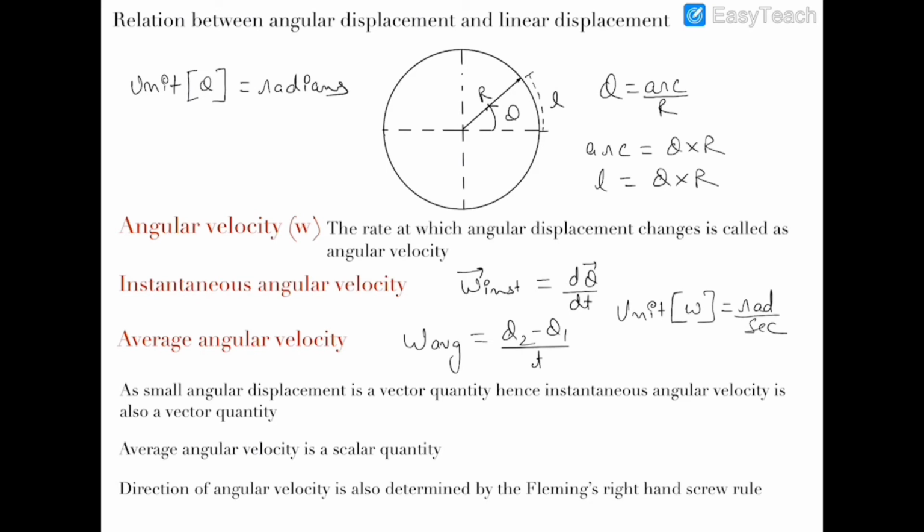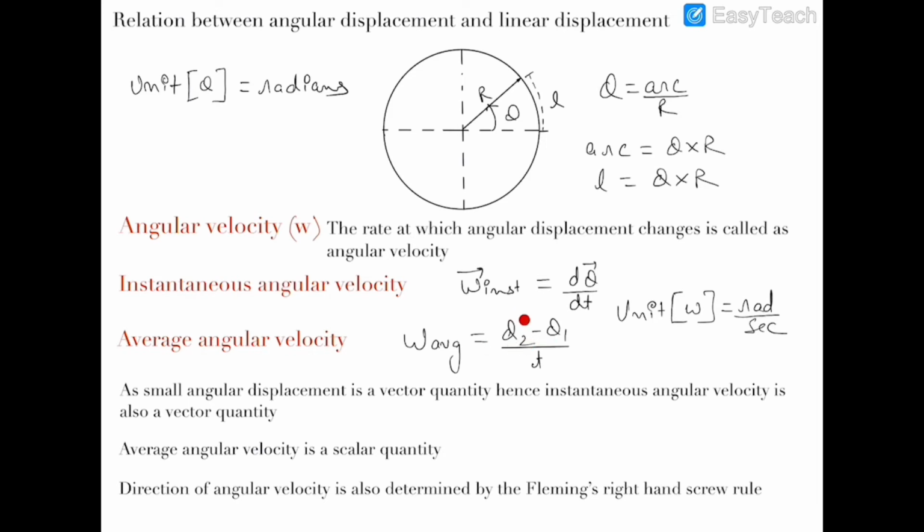Now the angular velocity. Angular velocity is the rate at which angular displacement changes, and this is also a vector quantity, because the instantaneous angular velocity is d theta by dt, where d theta is a very small angular displacement which follows the commutative law. So it is a vector quantity, but the average angular velocity is a scalar quantity, because that is equal to the change in angular displacement upon time taken for that change.